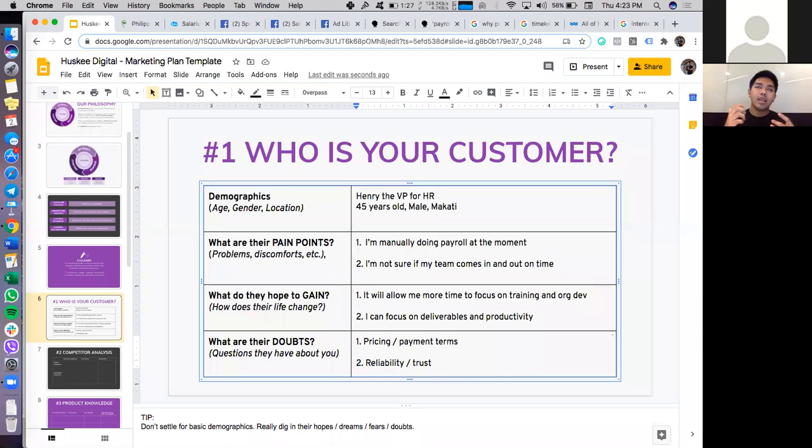Now, it's always a good idea to run this customer persona bit to all of the major stakeholders. So in our case as Huskee Digital, the biggest stakeholder that we need to show this to is obviously our client. Why? It's important that they are on the same page with who we're targeting and what pain points we're working at.